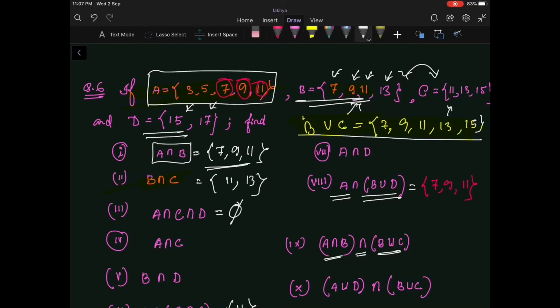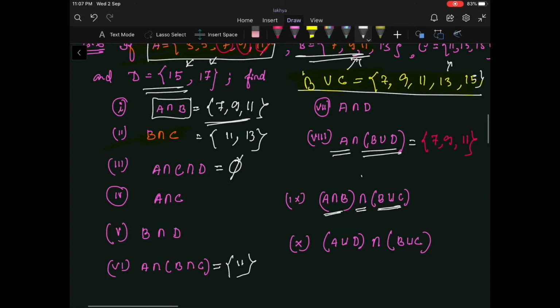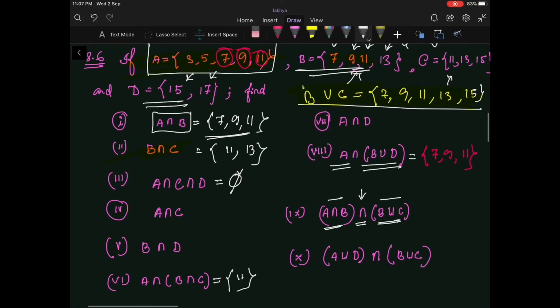So now what we are going to find? We are going to find intersection of A intersection B and B union C. So that means we are going to find the intersection of this set and this. Okay, so in order to find the intersection, first identify the common elements. Here you see 7, 9, and 11, all the three elements of A intersection B are in B union C. So its result is going to be equal to a set containing 7, 9, and 11.